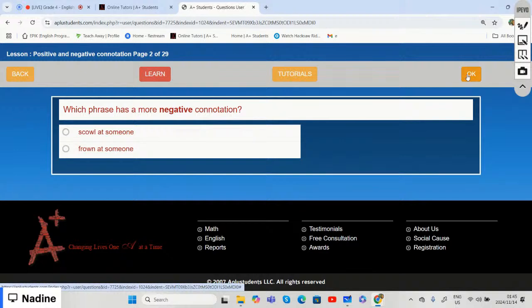The next one says, which phrase has more of a negative connotation? Scowl at someone, or frown at someone. Scowl is when you are looking at someone in a bad and angry-tempered way.